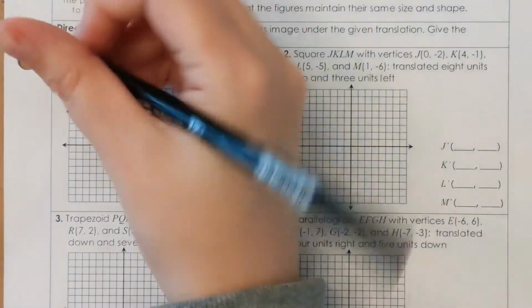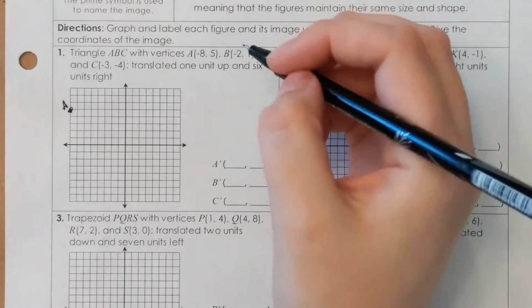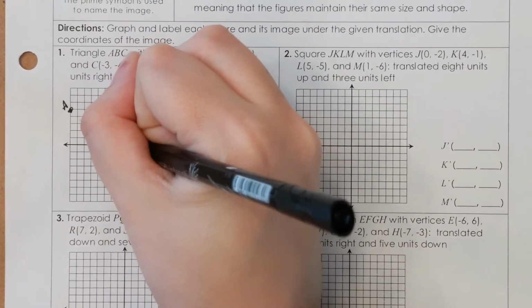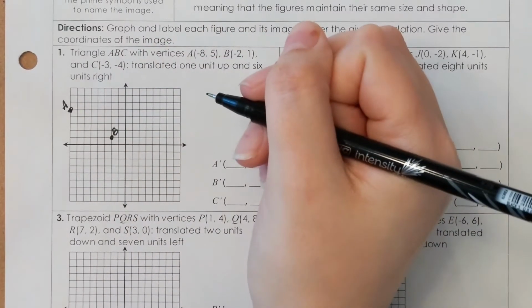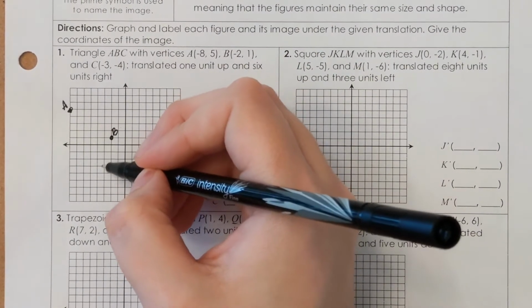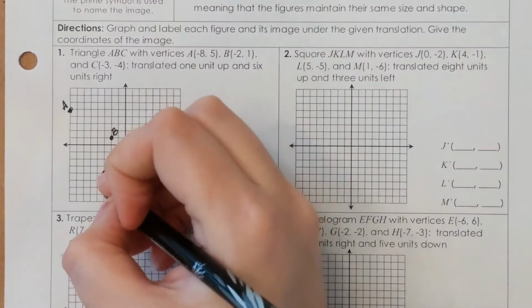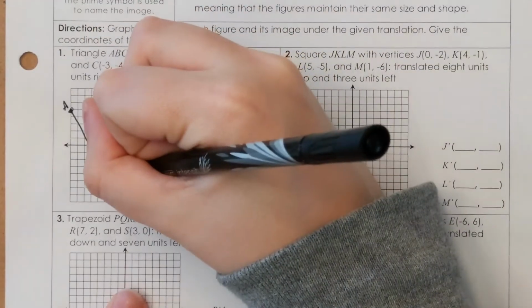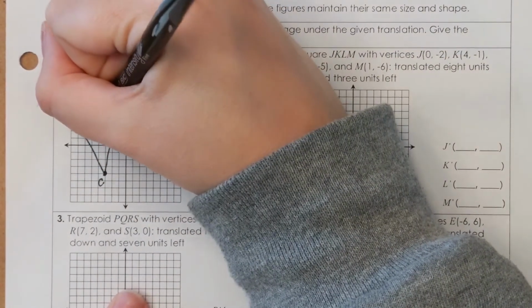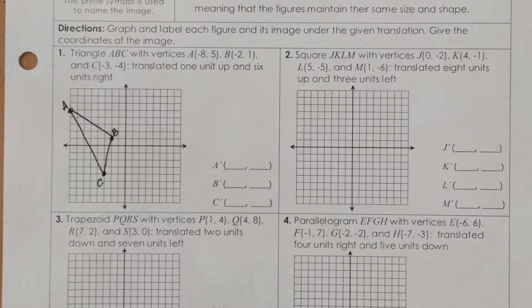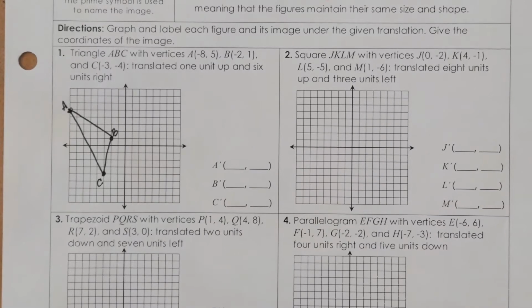Put a point, they have labeled that A. Then B is at -2, 1 is B. And C is at -3, -4 is C. So I'm going to join these points. Feel free to get out a ruler. If you are not good at drawing straight lines, please do get a ruler so that it is easy to see the shape. And now we're going to translate it.